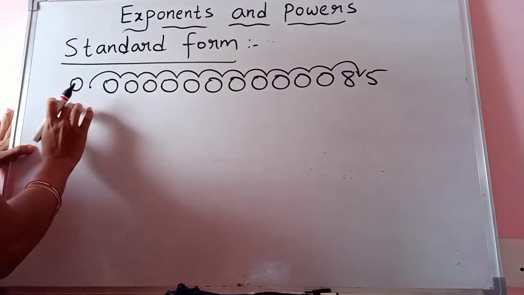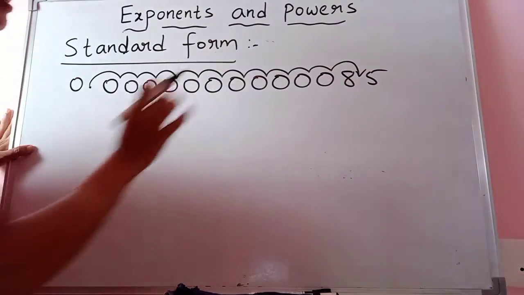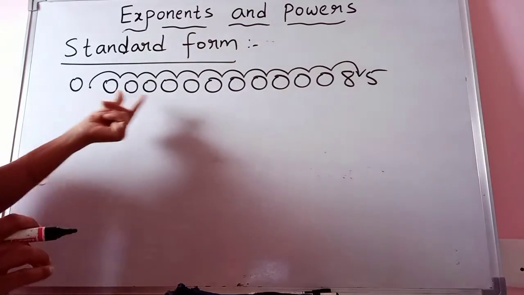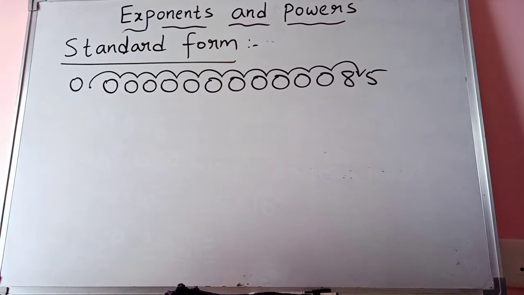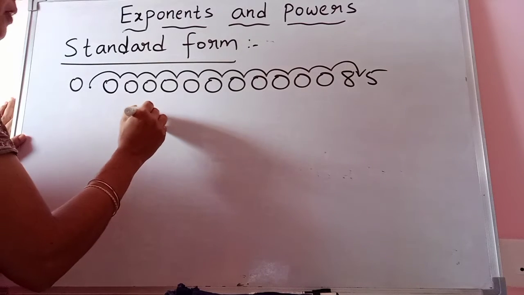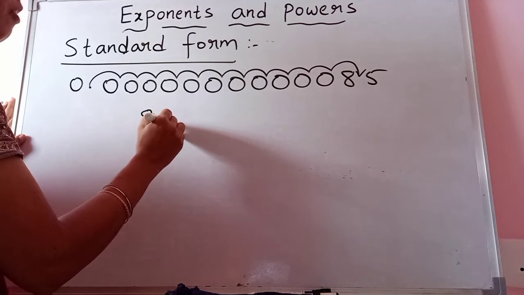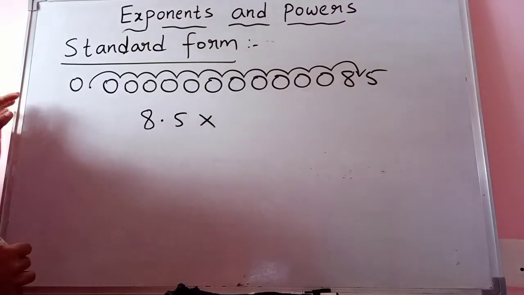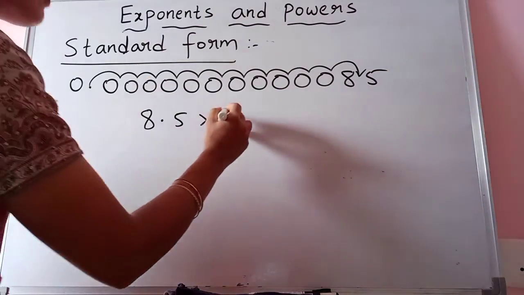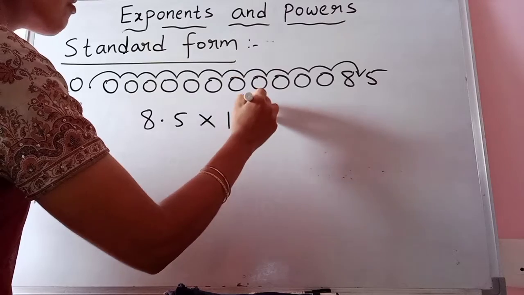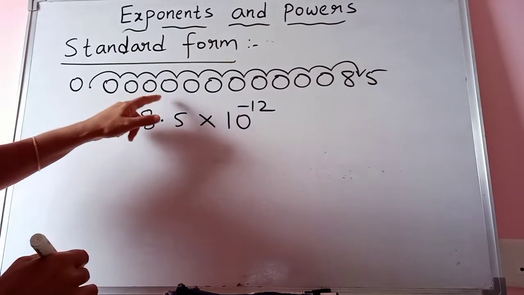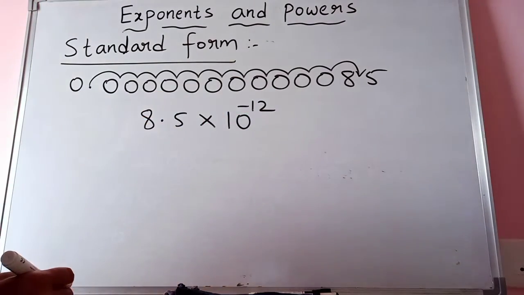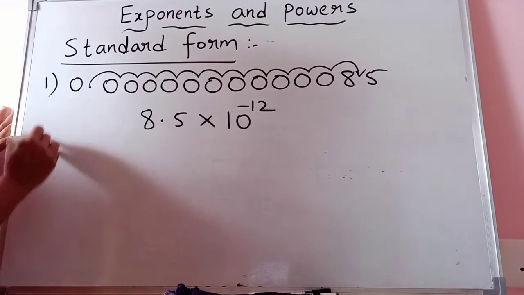This is a very small number, and for very small numbers we use negative exponents. Therefore, the number in standard form is 8.5 into 10 power of minus 12, since we shifted 12 places. For small numbers, use negative exponents. Let's take another example.